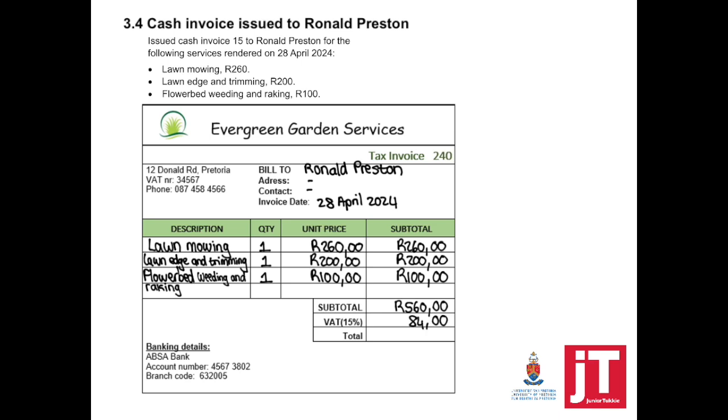That equals 84 Rand that must be added to that 560. So the total that Ronald Preston needs to pay us is 644. This is including the VAT amount. So make sure that you understand percentage VAT, how to calculate it. VAT stands for value added tax.